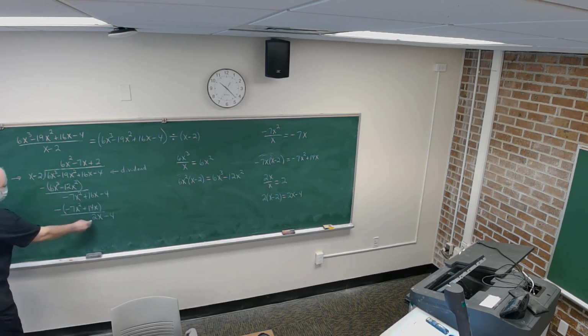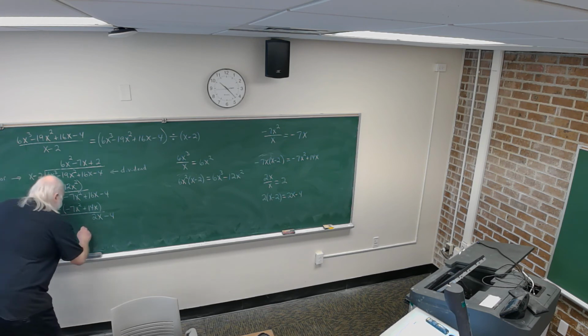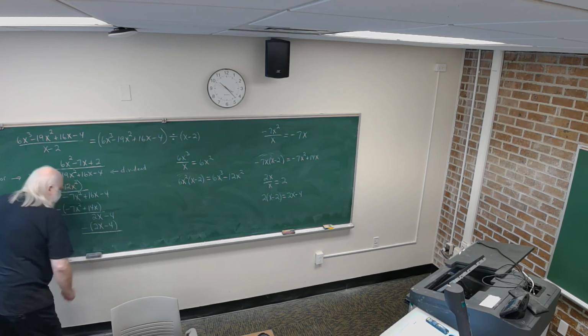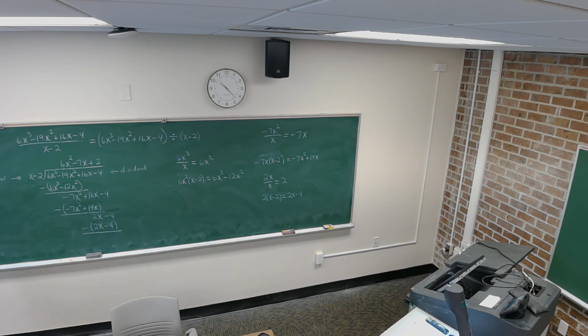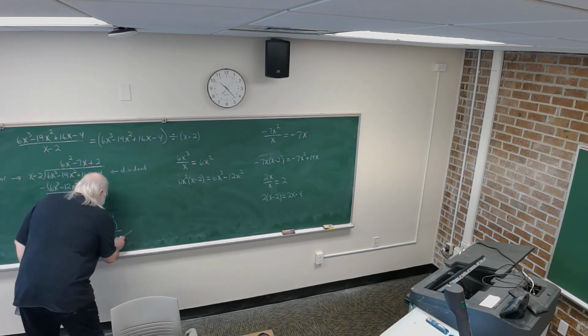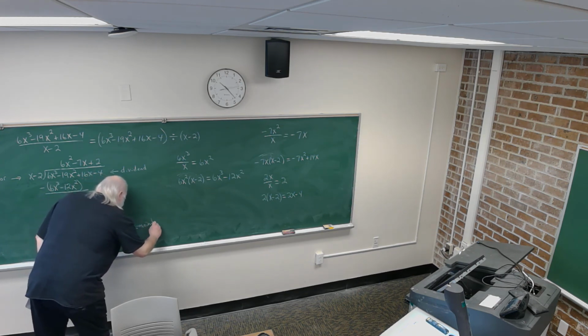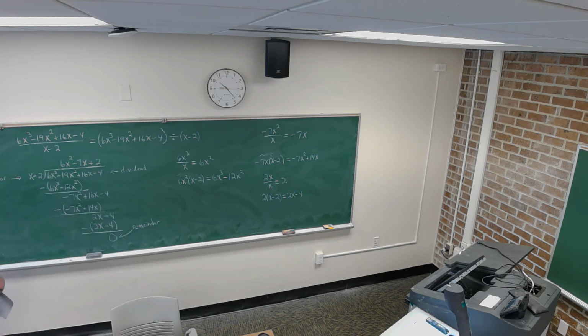You got to subtract 2x minus 4 from 2x minus 4. Put it in parentheses, or you'll only subtract the first term. And you can see 2x minus 4 minus itself is 0. And so the remainder for this example is 0.